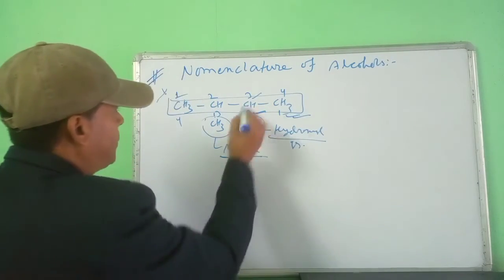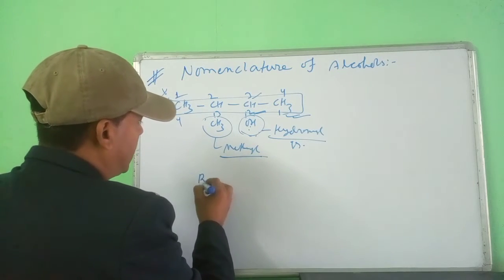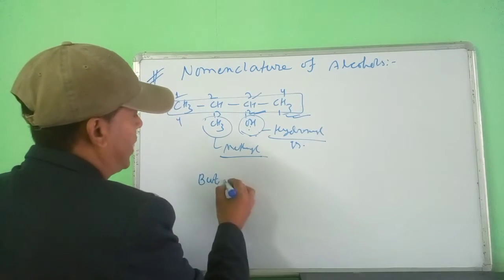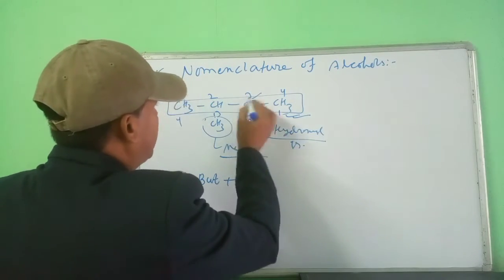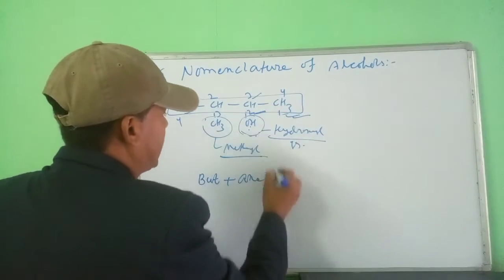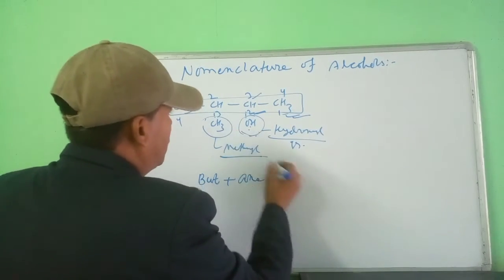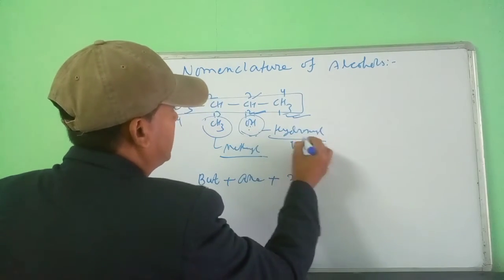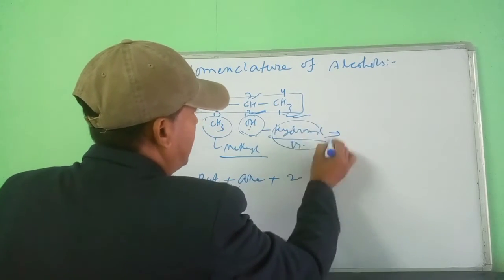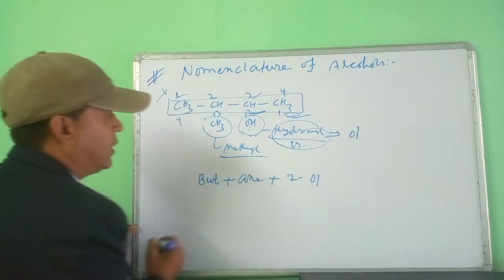Now write it down. The total number of carbon is 4, so but is the word root, plus an and e. N is the primary suffix. Plus the position of OH, 2. The hydroxyl group's term is the secondary suffix, ol.